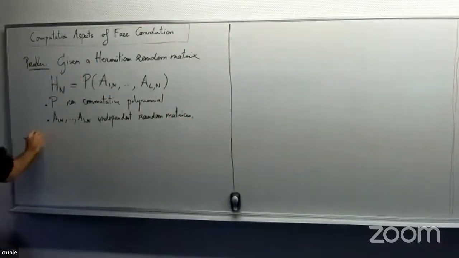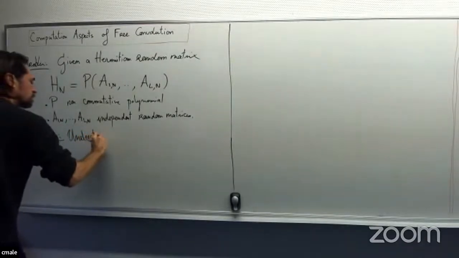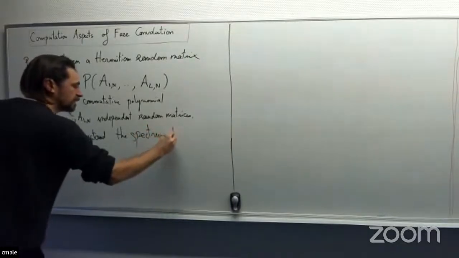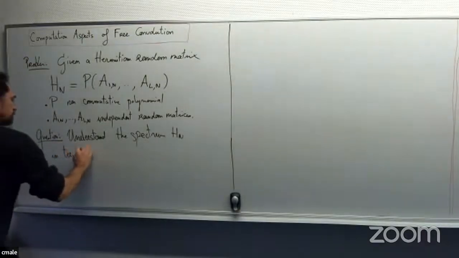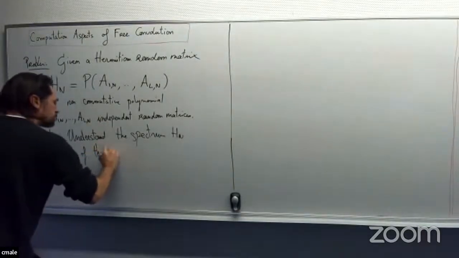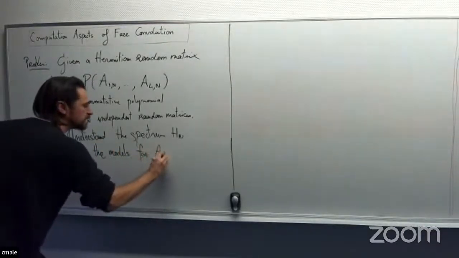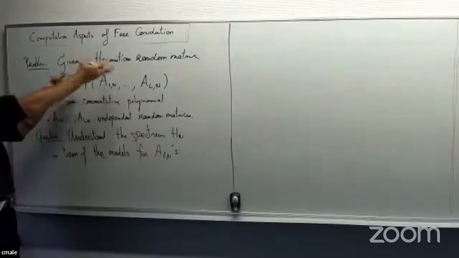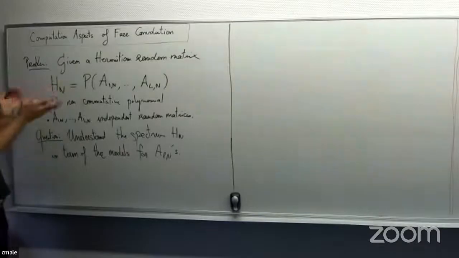And the question we want to tackle is to understand the spectrum of this matrix Hn in terms of the models for the independent matrices ALn. So these are the ingredients, and you want to understand how this complicated operation will result in a spectrum and how to compute it.